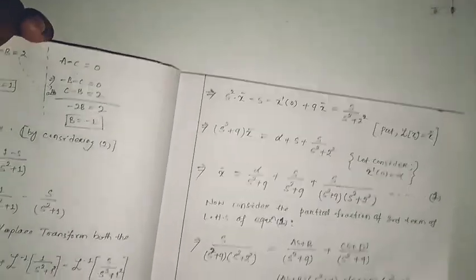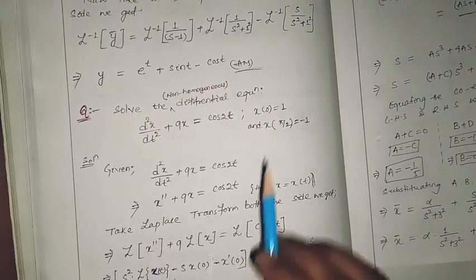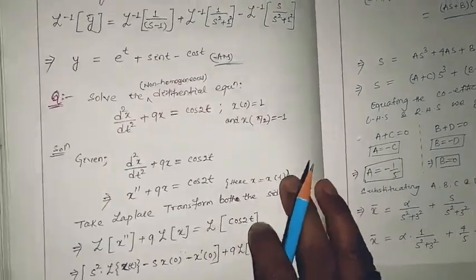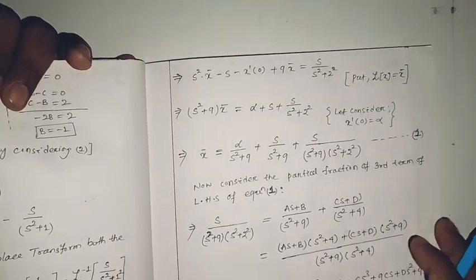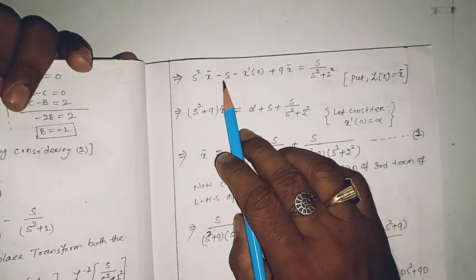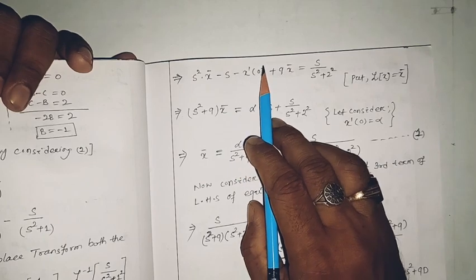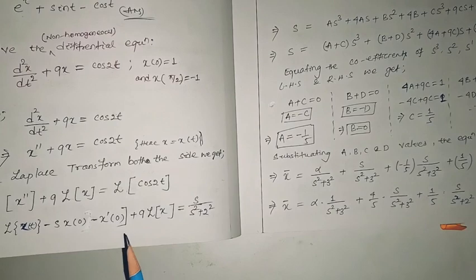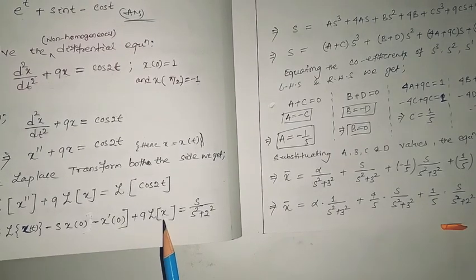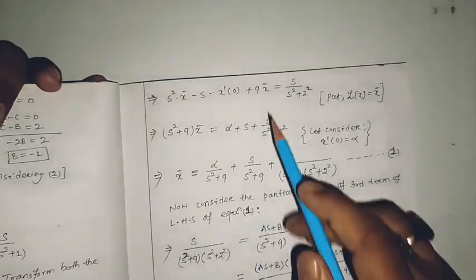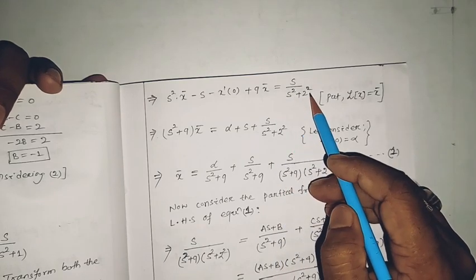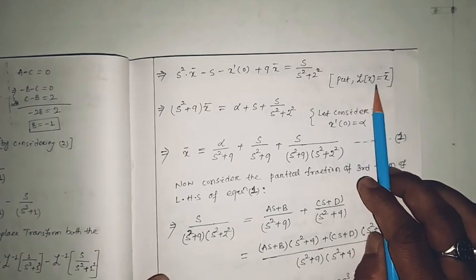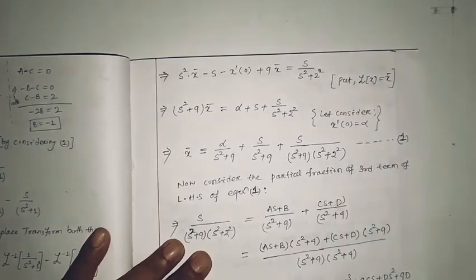Here x0 is given as 1, so instead of x0 we have to put 1, so 1 into s, minus x dash 0 will remain there, plus 9 into Laplace transform of x, that means x bar, equal to s by s square plus 2 square. Here we substituted x bar instead of Laplace transform of x.